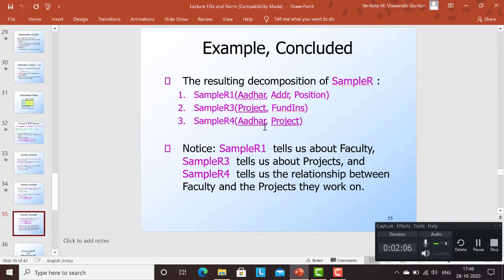And then sample R4 is a connector relation between your project and the faculty table. So intuitively it makes sense how the result maintains all the sanity.